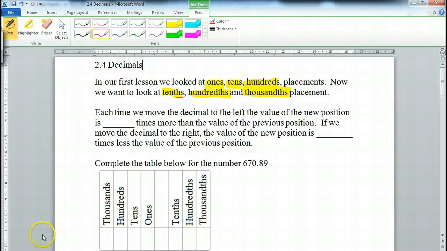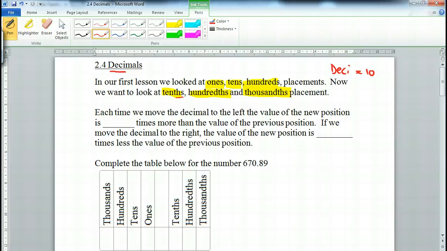So the first part of the word decimal is deci, and deci means 10 in Latin. So an easy way to think about decimals is just to think of them as multiples of 10.